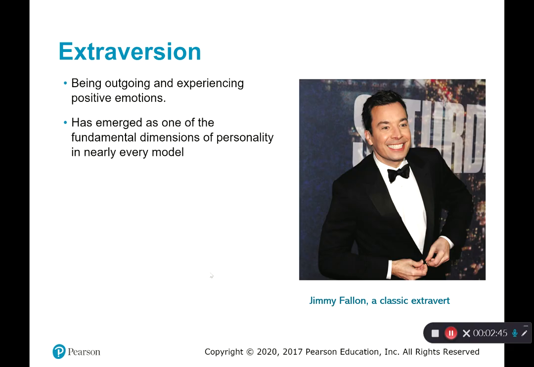It's included in every model, which is not the case with many of the others. For example, we saw Eysenck only had two of the big five traits in his model. He had extroversion, neuroticism, and psychoticism, which is not part of the big five.